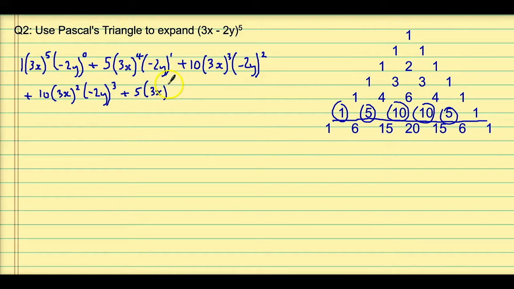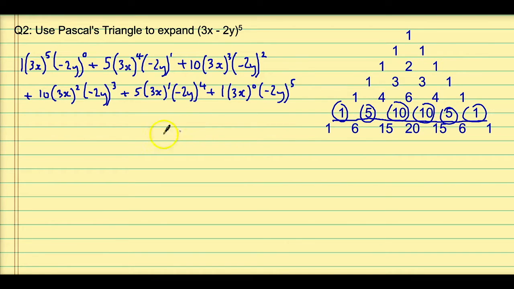Reduce the power from the last time, so it's 1. Multiply that by the negative 2y. Increase the power this time to the power of 4. And then our final term, we've got the number 1, multiply that by 3x to the 0, and then finally multiply that by minus 2y to the power of 5.